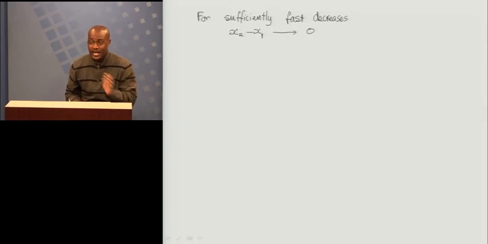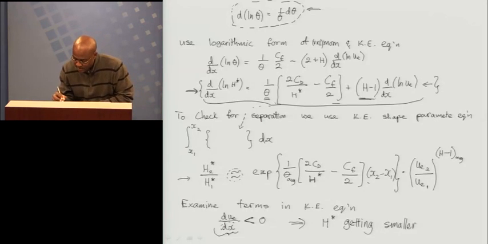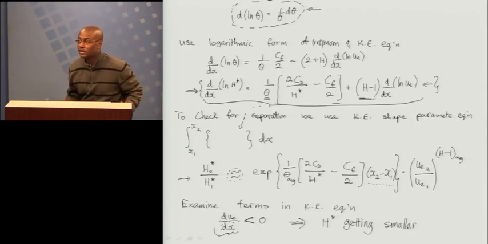If x2 minus x1 tends to 0, then let me see what that does to my approximation here. This term here is tending to 0, so the entire thing is 0. The exponent to the 0th power is just 1.